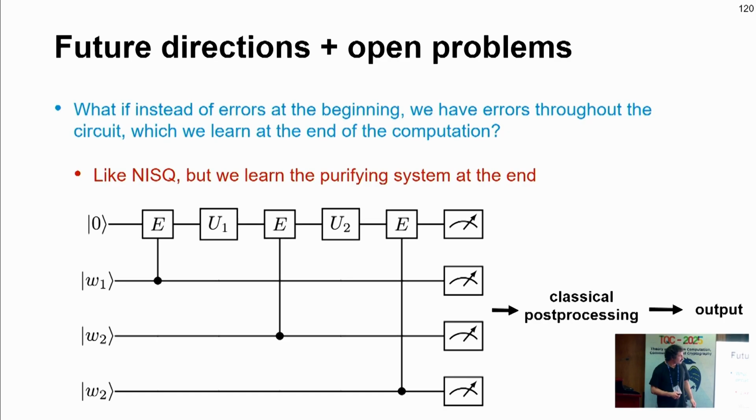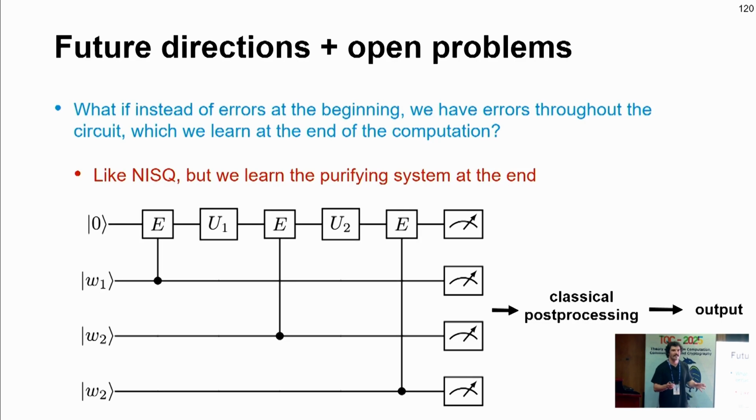And if you're a little more practically motivated, you might say, well, okay, you have X errors at the beginning of your circuit and then nowhere else in your circuit. That doesn't seem very reasonable, other than a toy model to place between one clean qubit and BQP. And for you, I say, consider the NISQ model where you have errors between layers of gates, and then you somehow measure your environment to learn what happened in those errors.